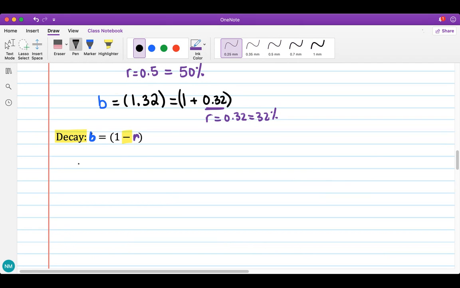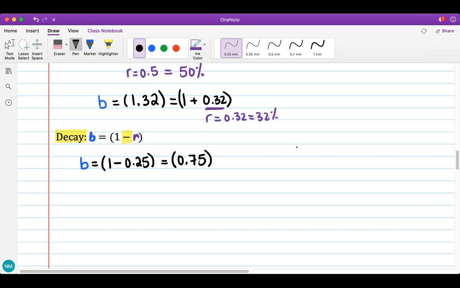So if I have something like B equals, or let me stick with my colors. So B equals 1 minus 0.25. What is 1 minus 0.25? If I have $1 and I take away a quarter, it's 0.75.